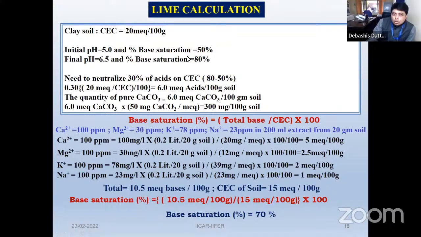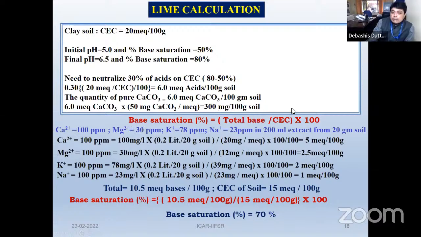So how much lime is required to make the soil pH 6.5 and 80% base saturation? This is the calculation for lime requirement for reclamation of soils under organic farming systems.